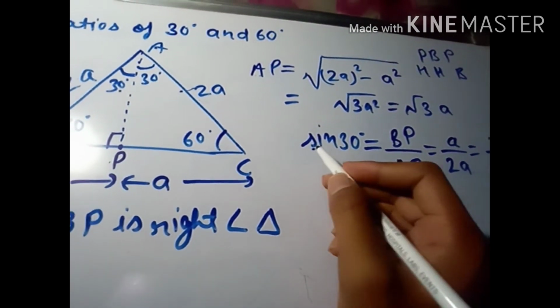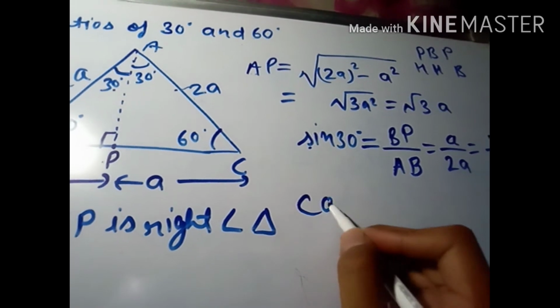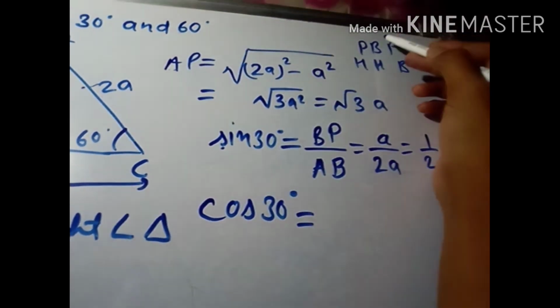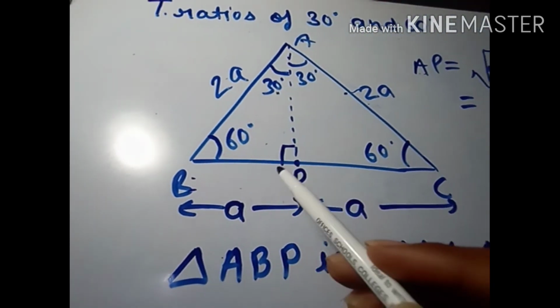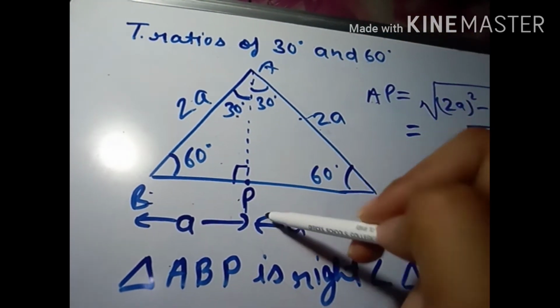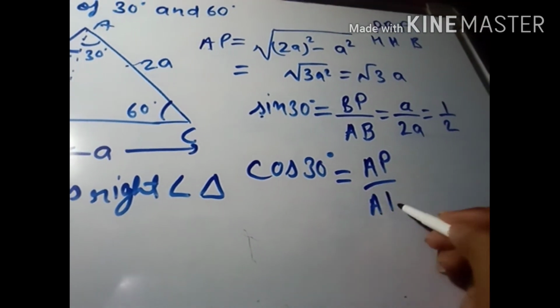So move to next. The next ratio is cos 30 degree. For calculating cos, again look over here, base upon hypotenuse. Now the base for this 30 degree angle is AP, and the hypotenuse remains the same, AB.